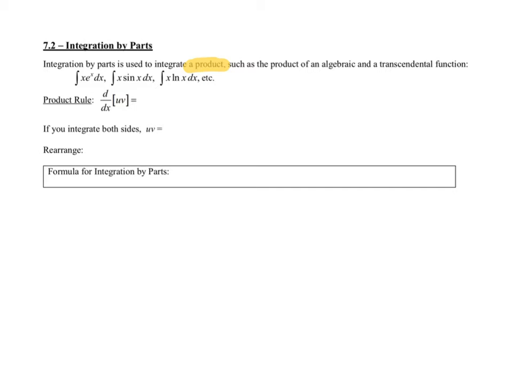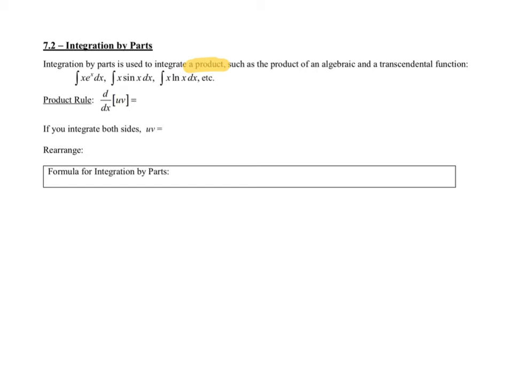So maybe a polynomial times a trig function, or a polynomial times an exponential function, or maybe an exponential times a trig. Those are the things that you're looking for when to use integration by parts, whenever you have the product of two different kinds of functions.